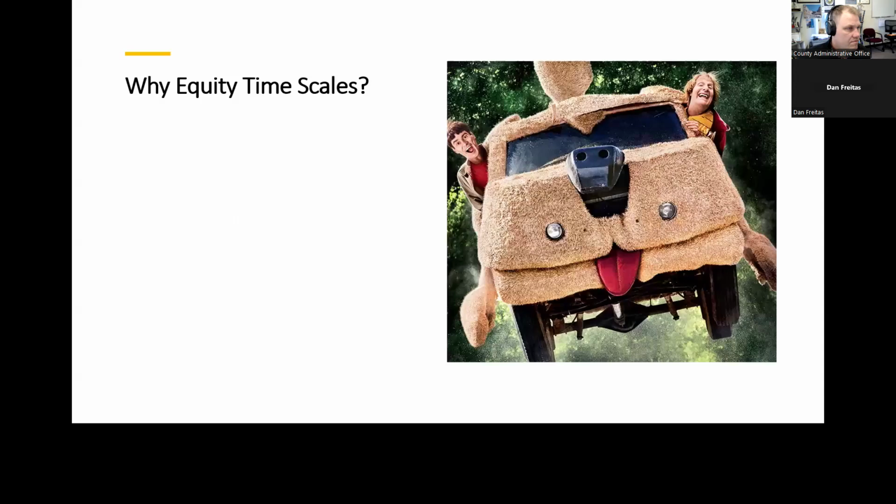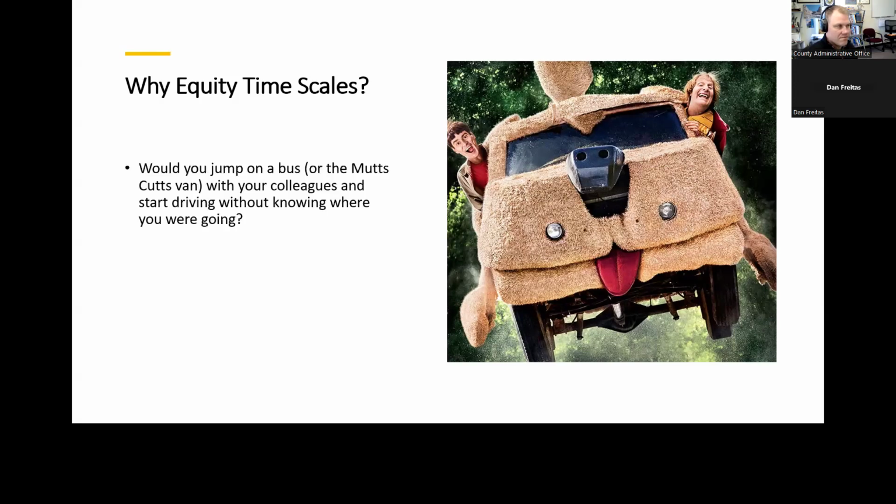So why equity timescales? Through my career, I've talked a lot with my colleagues, peers and supervisors about how we're all on a bus together trying to go somewhere, but if we don't know exactly where we're going, we can't make decisions that are aligned with getting us there.